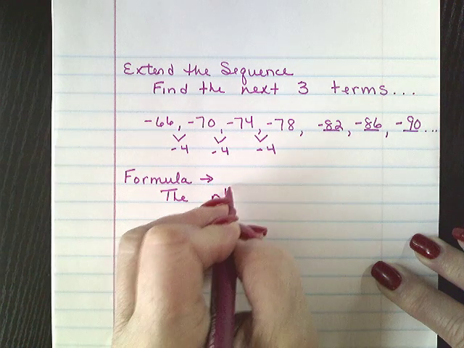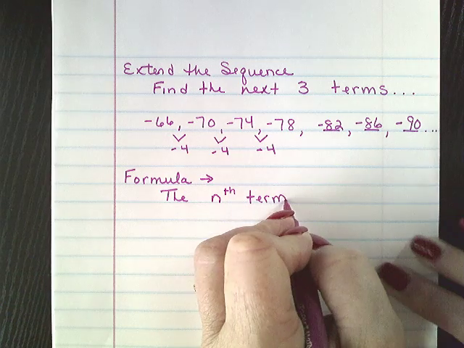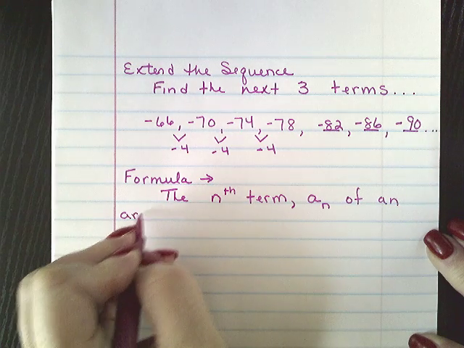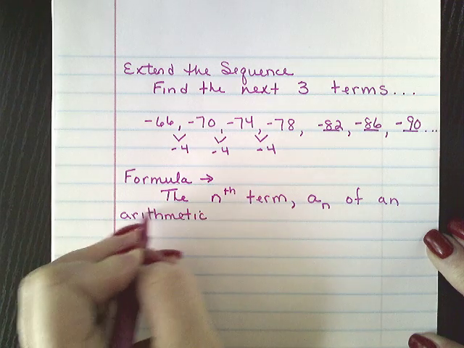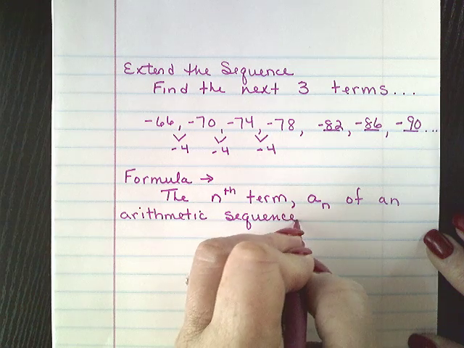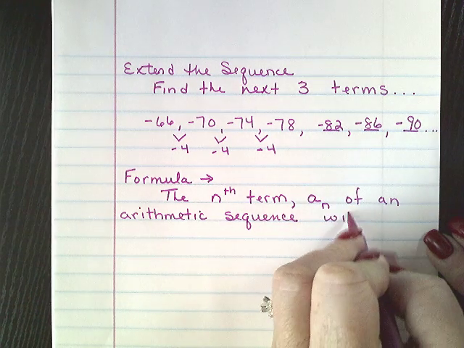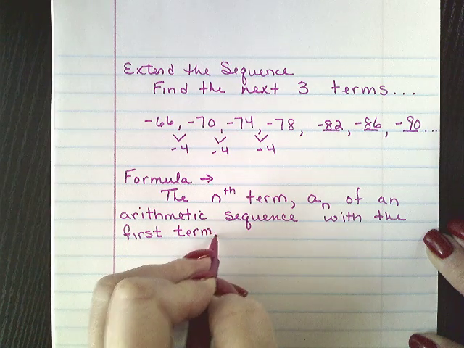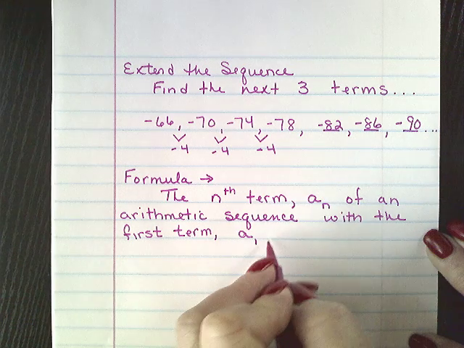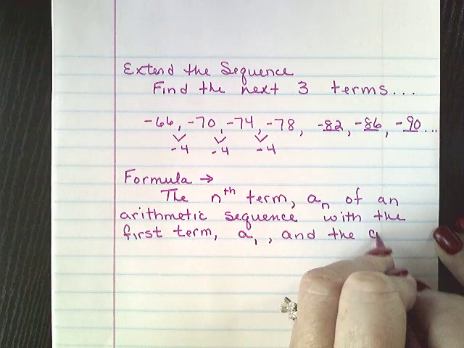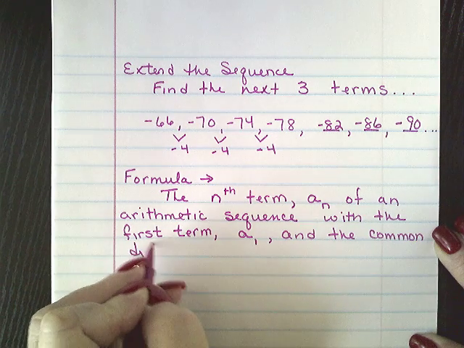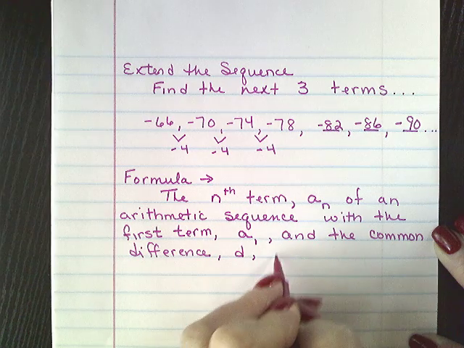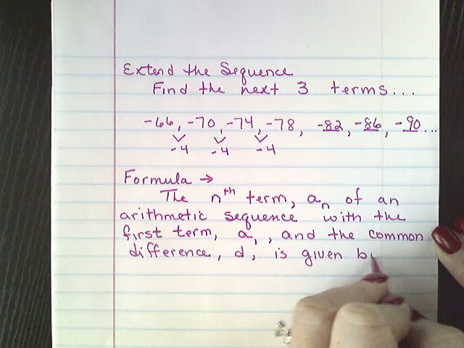The nth term, which would be a subscript n, of an arithmetic sequence with the first term a subscript 1 and the common difference, which is d, is given by the following formula.